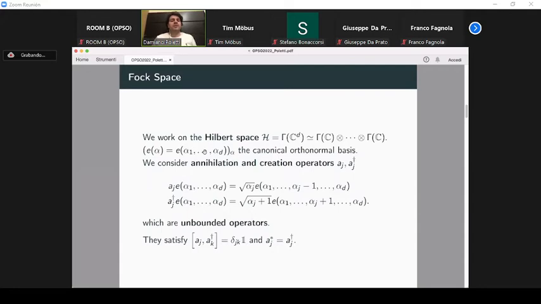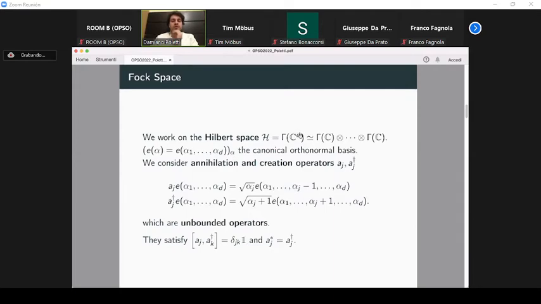But maybe the most intuitive way of seeing this space is to use the canonical orthonormal basis, also called the counting basis, which depends on a multi-index alpha, and each entry in the multi-index is the number of particles in the system that are in a certain mode.